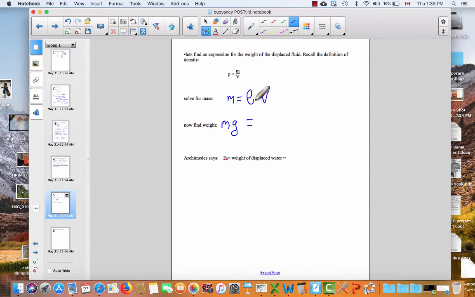So if we multiply this by g, and then rearrange a little bit, then we see that the weight of the displaced water is exactly rho times g times the volume that was displaced or submerged. And so that's the same as the result that we derived on the other page from the difference in pressure forces.